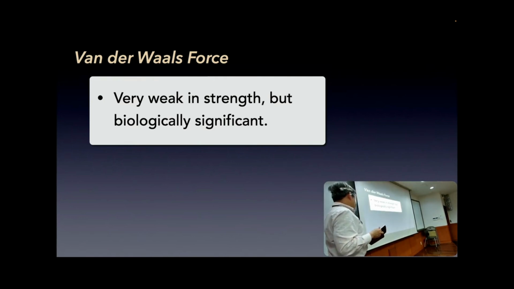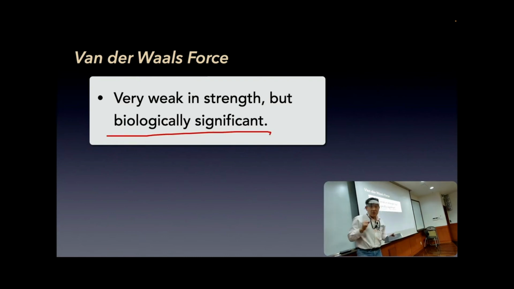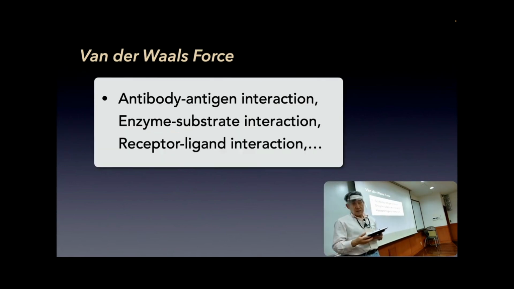So once again, this van der Waals force is very weak, even weaker than the hydrogen bond, but its biological significance is probably greater than the hydrogen bond, I think.